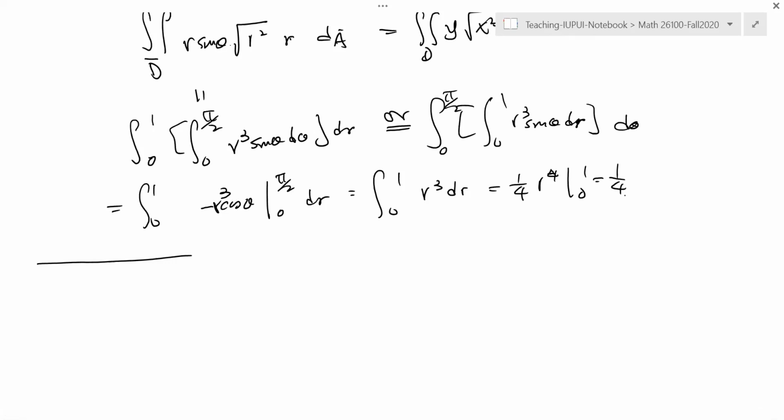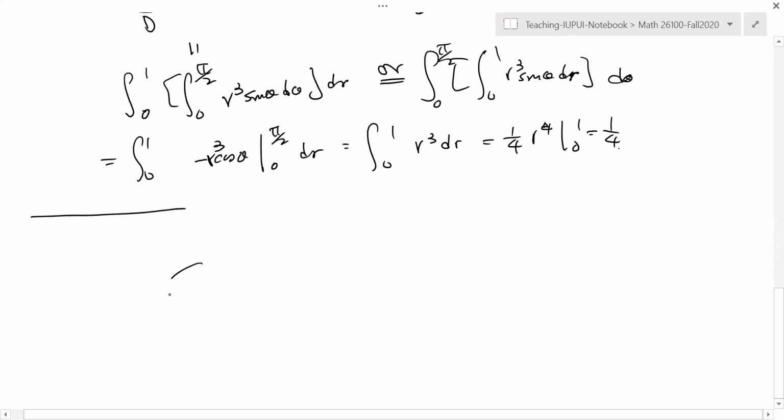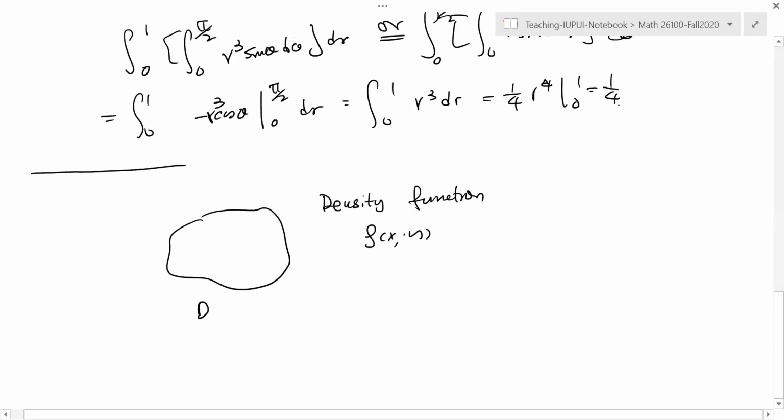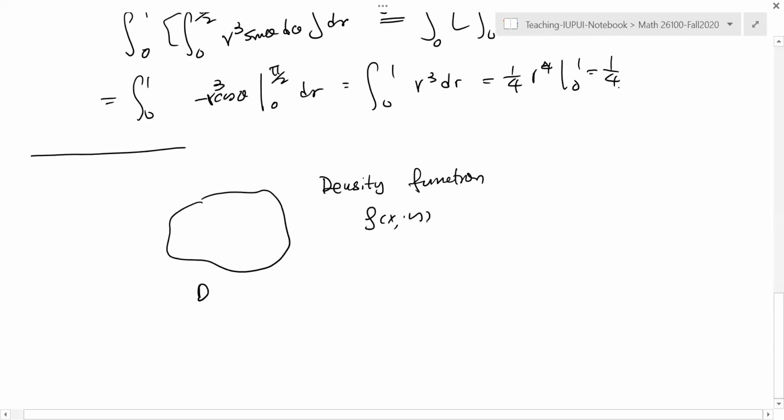If you have a given domain in the space, that's D, and if you have a density function defined on the domain, the integral of the density function is going to be the total mass of this region.